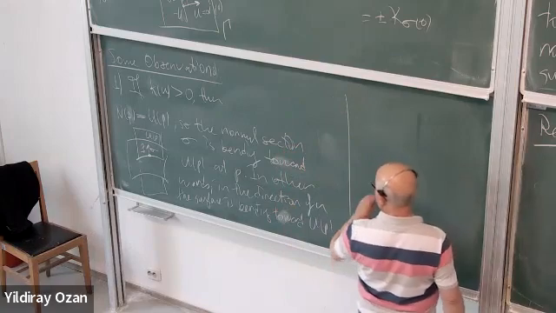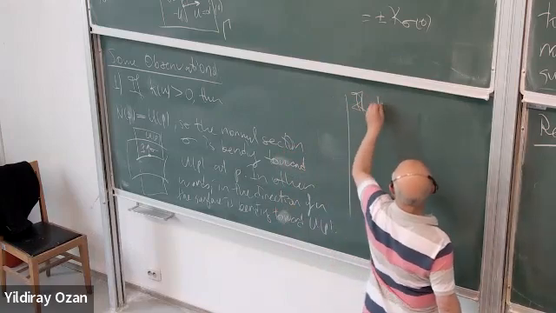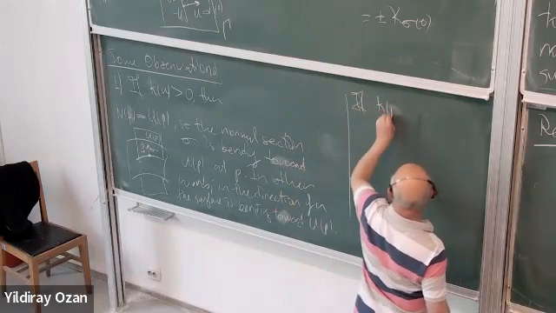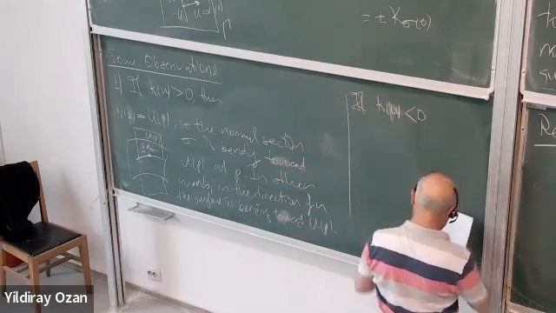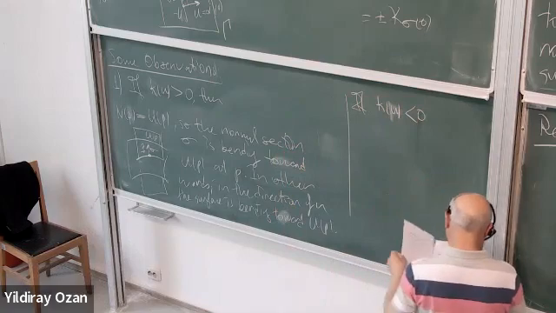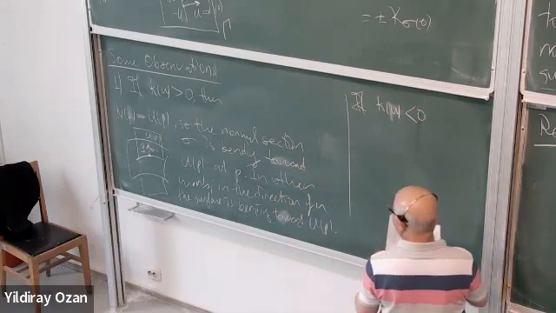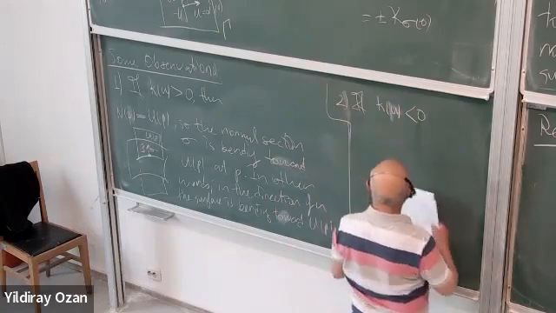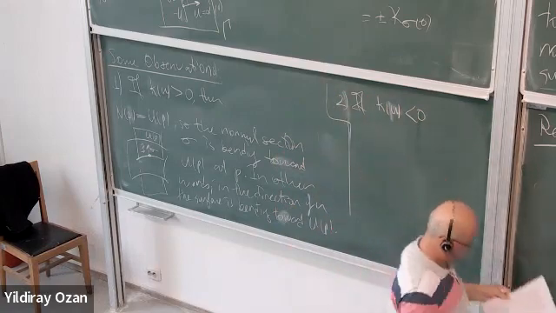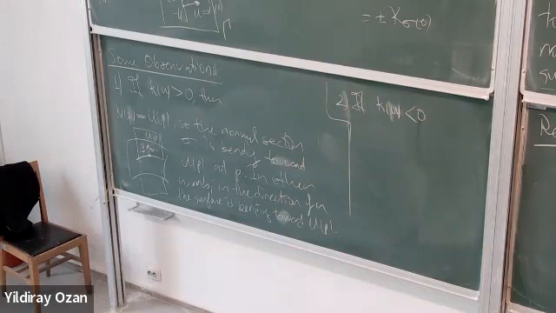If curvature is negative, so this is the second observation, then we have the opposite.